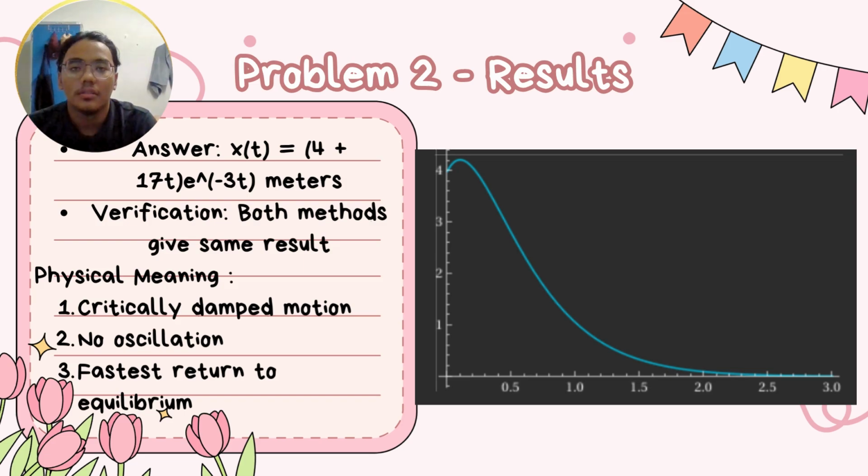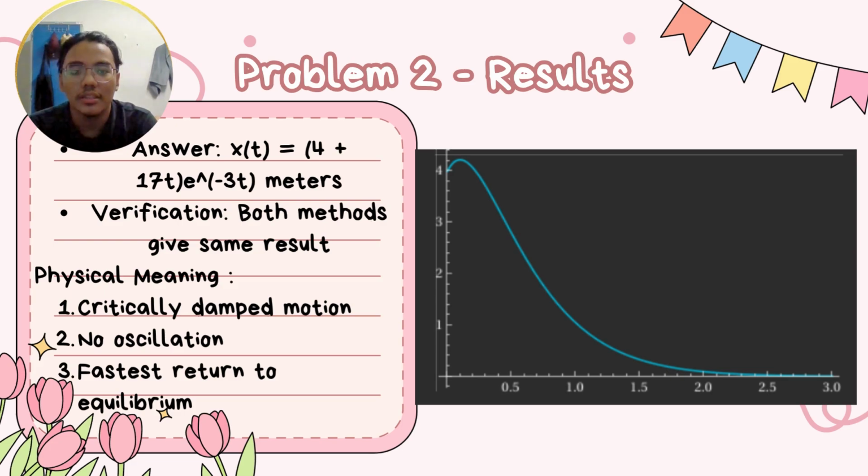Okay. Now let's examine our result and understand what it means physically. Our solution is x(t) equals 4 plus 17t e to the power of negative 3t meters. The verification shows that both solution methods give identical results, which confirms our mathematical accuracy. Looking at the graph, we can see the physical behavior. The system exhibits critically damped motion.